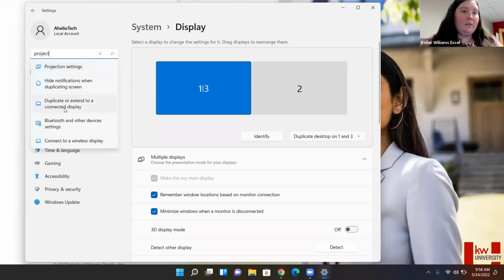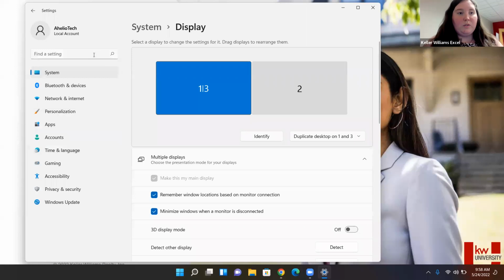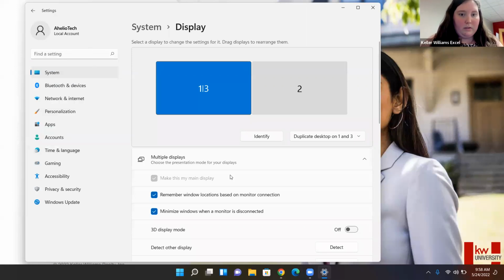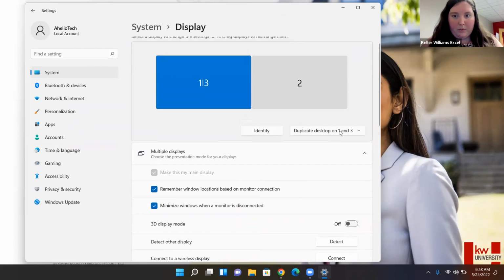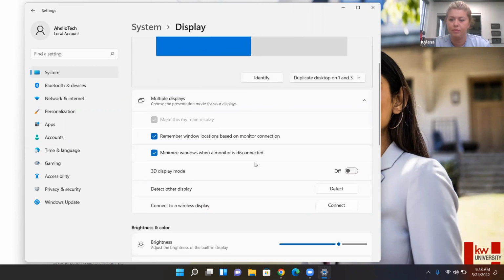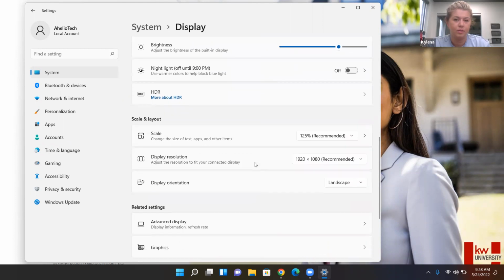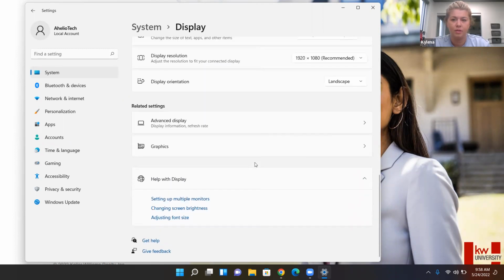Duplicate or extend. That's what I want. I want to duplicate. Okay. Duplicate desktop on 1 and 3. Extend on one. Justin's asking me exciting questions. Who? Justin Wright Myers, the buyer. Okay, I might just.